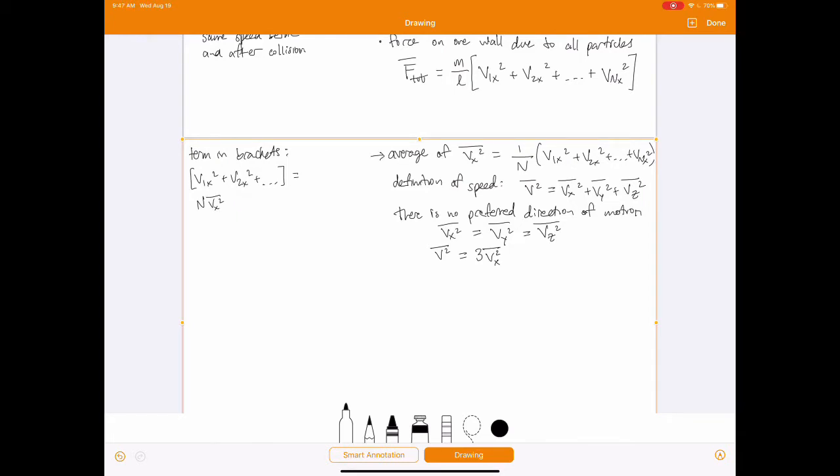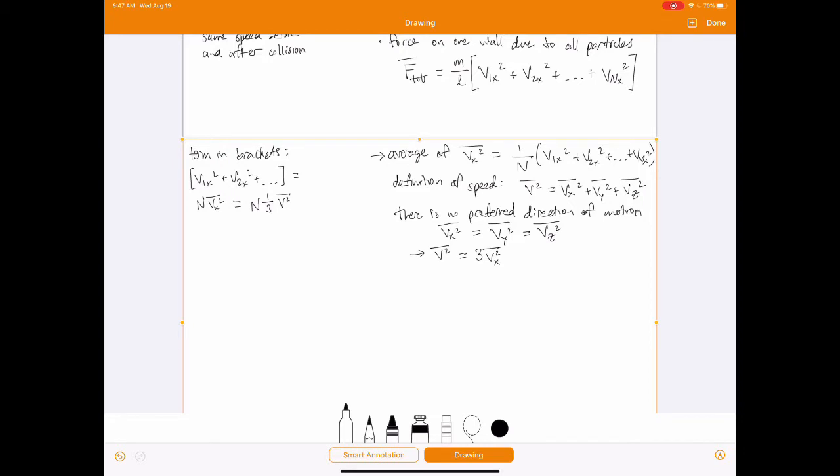That's coming from the definition of the average, right? If I just multiply both sides by n, I'll get this result. Okay, but also what I can do with that is I can use this result down here, which says the average of Vx squared is a third of the average of the speed squared. In other words, here, I have n times a third of the average of the speed squared.